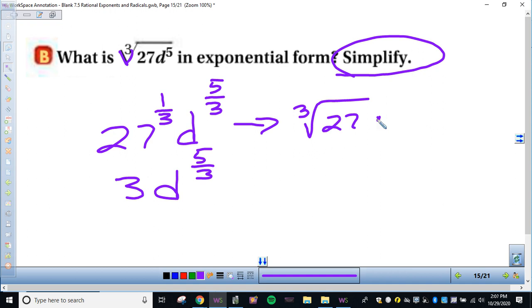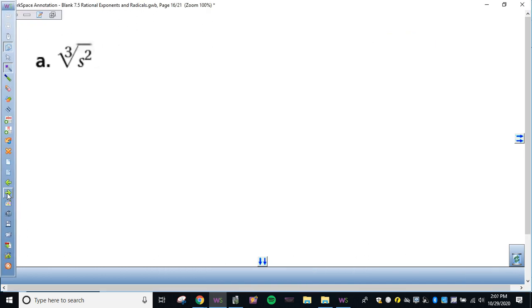Now if it were cube root of 28, you just leave it as 28 to the 1/3 power, because it doesn't work out to be a whole number. Here, I have to finish it. You good?